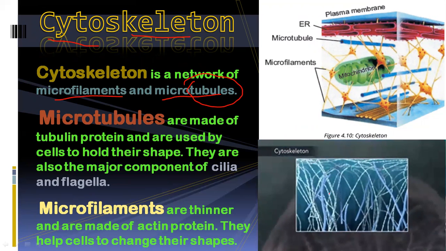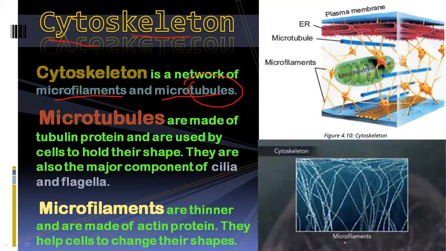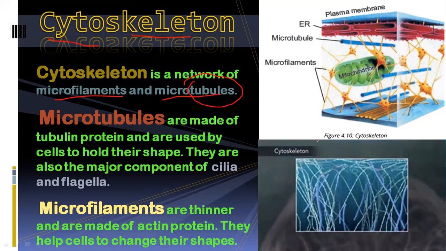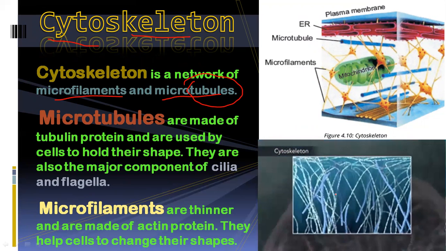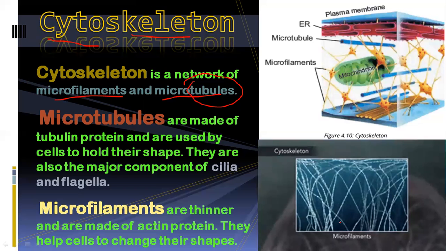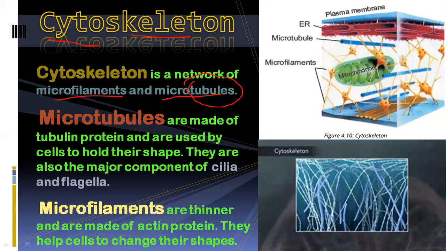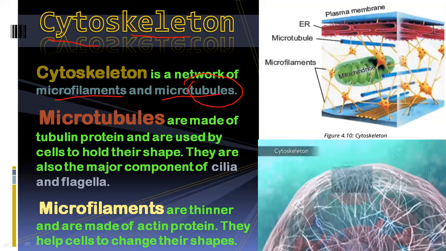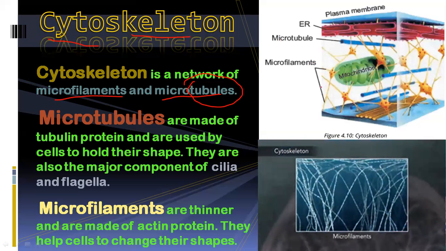They are spread in the cytoplasm. You can see these are microfilaments, and the other, this blue one, are microtubules. From one plasma membrane to the other there are microfilaments, thread-like structures, and these are microtubules, tube-like structures.